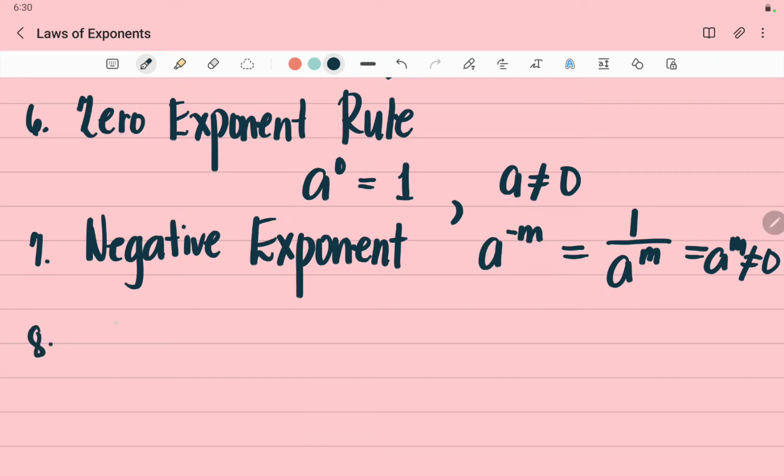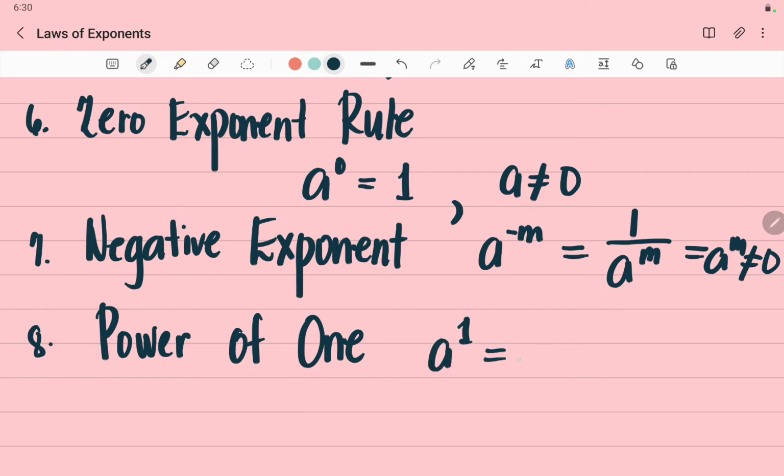And number 8, power of 1. Any number, any letter raised to 1 is itself, or the base itself. 2 raised to 1 is 2. Okay? Any question? If you have any question, you can approach me or comment below.